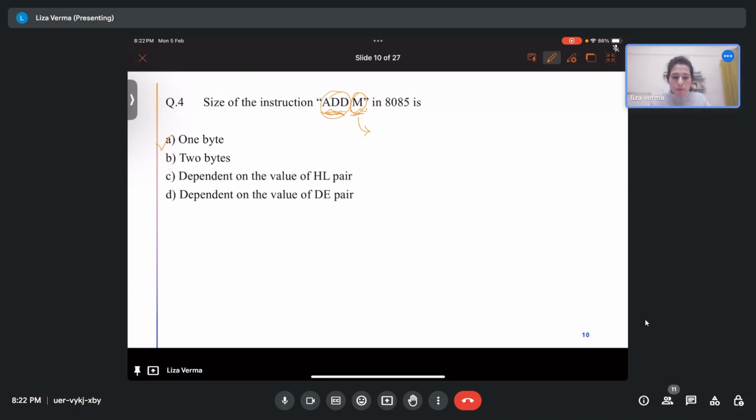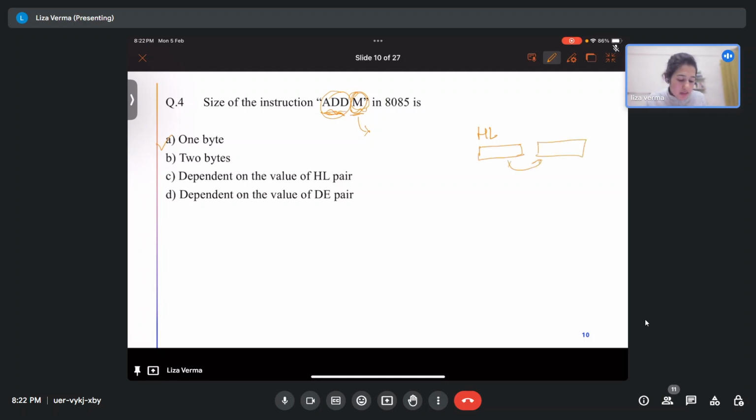M is the indication of the HL pair together. When you want to point to the address stored in these, H is 8 bits, L is 8 bits.